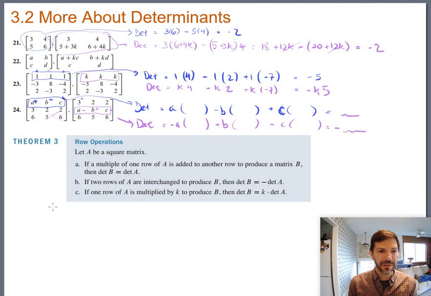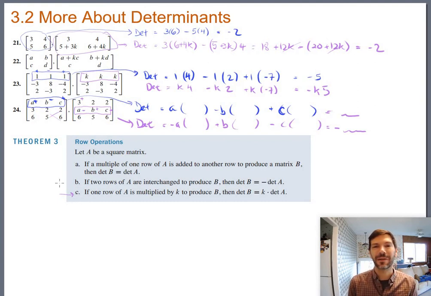It turns out, it's pretty nice that in doing row operations to get down to row echelon form, you never have to do that one. You only have to do the first two. If you want to get to reduced row echelon form where there's ones on the diagonal, that's when you end up multiplying by 1/3 or by 2 or something to get those ones.